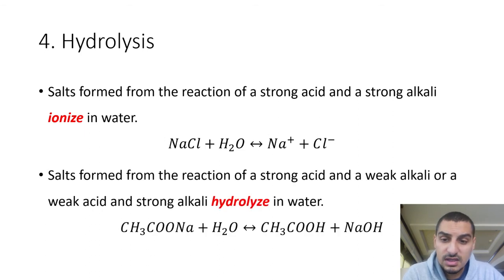But what happens in the case of salts that are formed from a strong acid and a weak base, or the other way around, is what's called hydrolysis. Hydrolysis is the formation of the original components that form this salt. So we have sodium acetate here. When it reacts with water, it produces acetic acid and sodium hydroxide. Acetic acid is a weak acid, so the reaction between sodium hydroxide and acetic acid is not as fast.